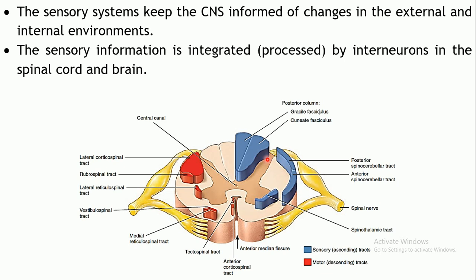If required, some integrative function is carried out. The sensory information brought from either the internal or external environment is integrated or processed by the interneurons located in the spinal cord as well as the brain.